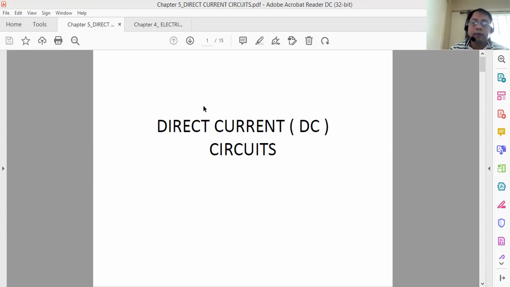Now, the counterpart of direct current is what we call alternating current. The alternating current is what the equipment and appliances in our house use. So the source of power of the electrical appliances in our house is AC.